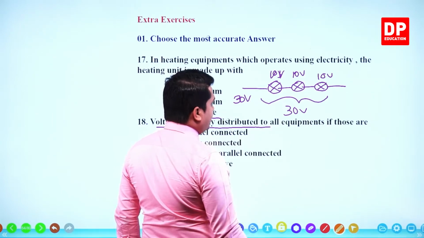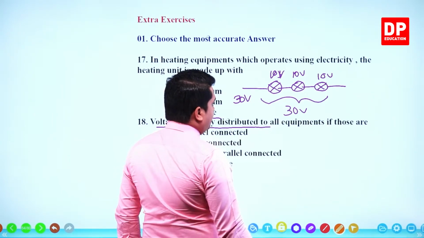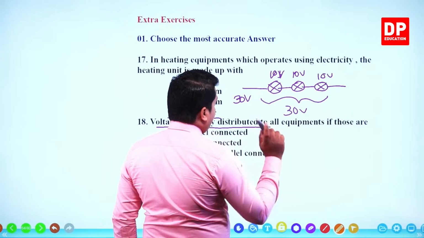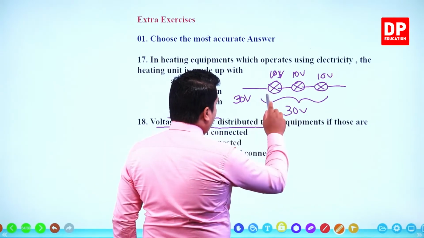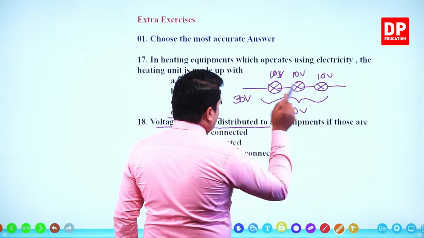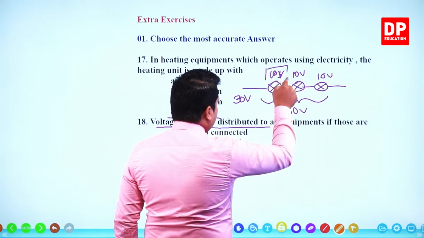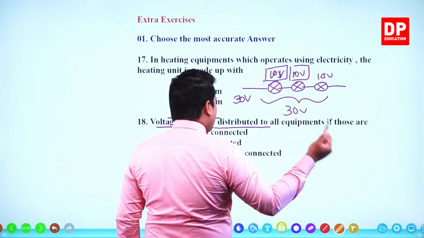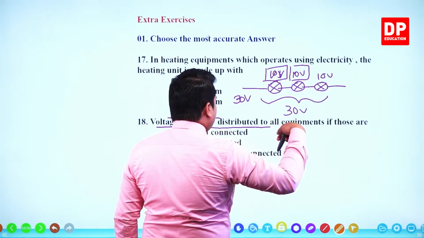So this is correct. But in order to achieve this condition, all of these 3 bulbs should have the same voltage value. I mean, they should be identical to each other.